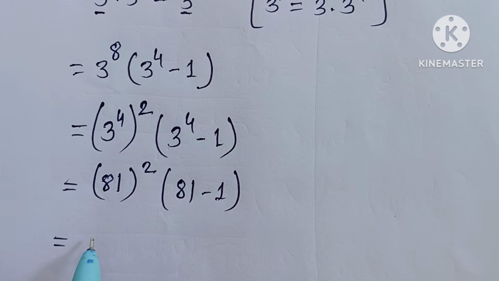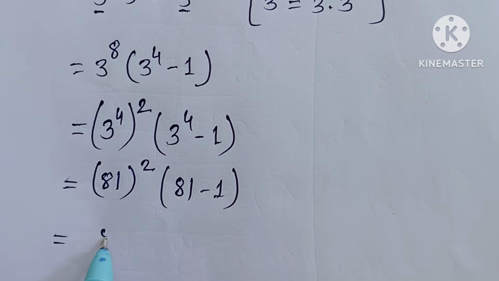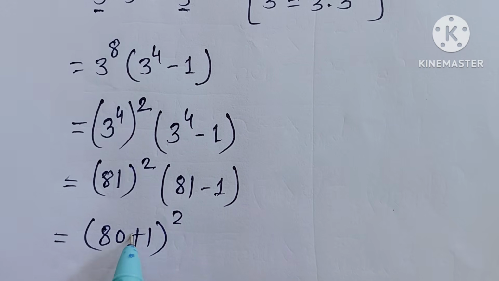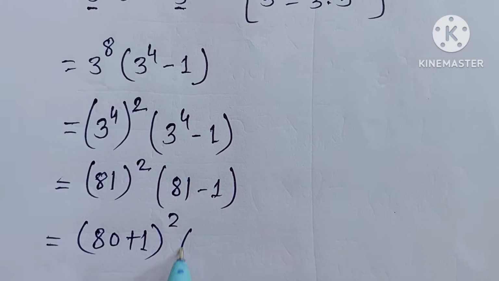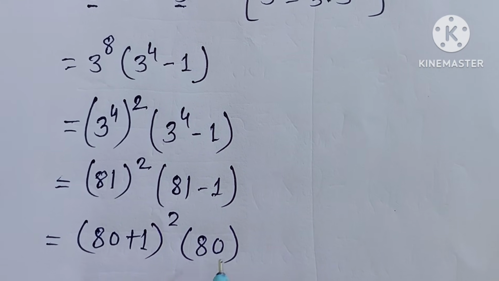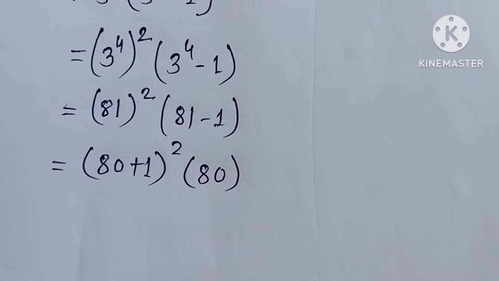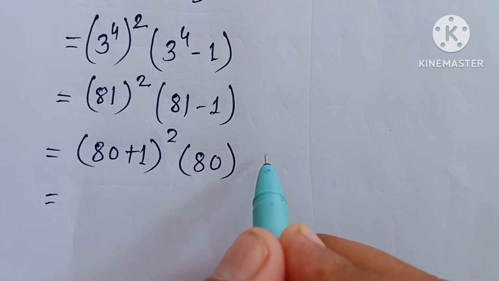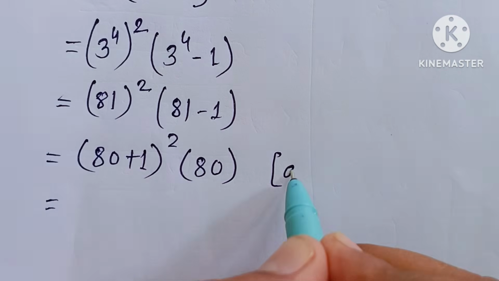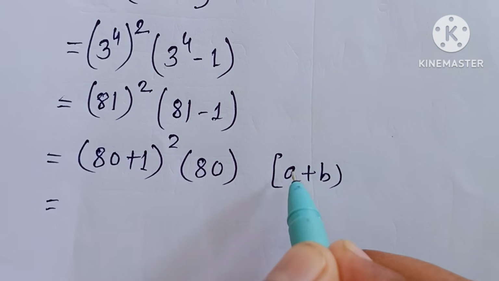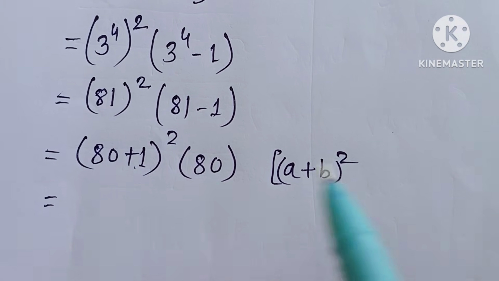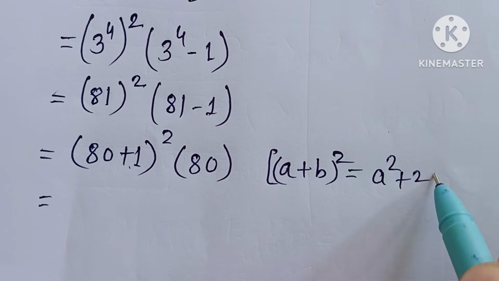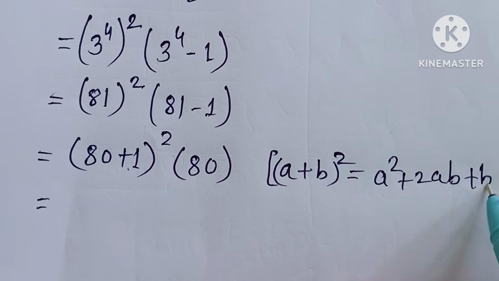81 we can write like that, 80 plus 1 whole square. 80 plus 1 whole square and here 80. So we can write this. Here we will apply one of the identities, that is the a plus b whole square identity, equal to a square plus 2ab plus b square.